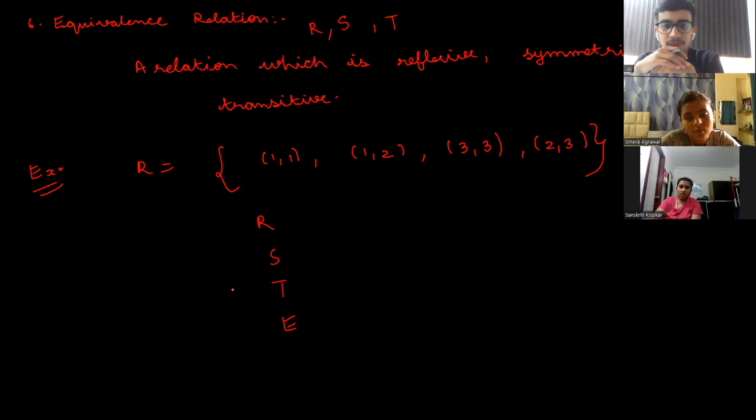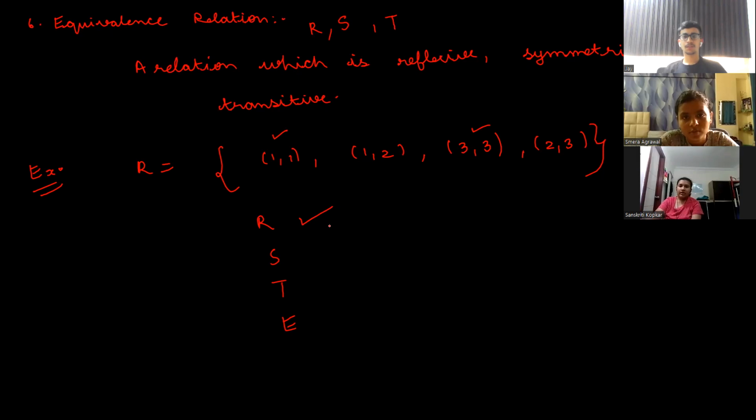So is this relation reflexive? Yes. पक्का? कैसे? So 1 comma 1 exist करता है and 3 comma 3 exist करता है, right? So that means it's a reflexive relation.